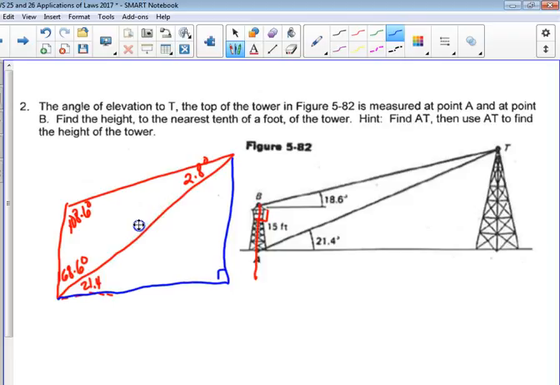We have to find, oh, and this is 15. I'm thinking we need to find this guy because then we'll know a side for the blue triangle. So if you find X, then you'll be able to find the height. Does that seem okay, everybody?